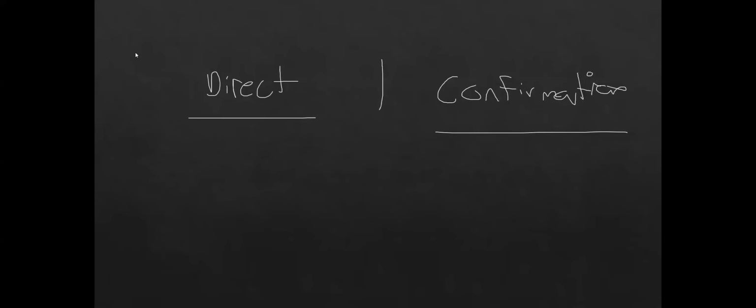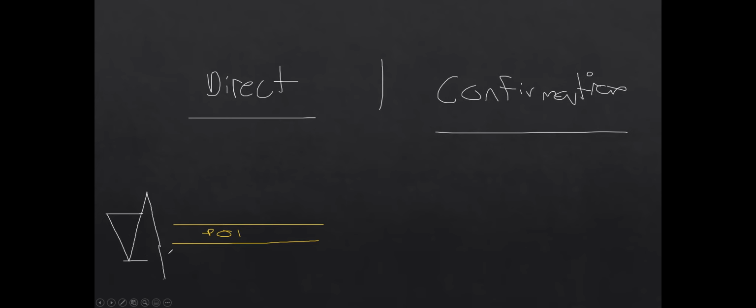So the direct would be when you have a point of interest, okay? And let's say we have a strong low right here, and there's a PI right here.